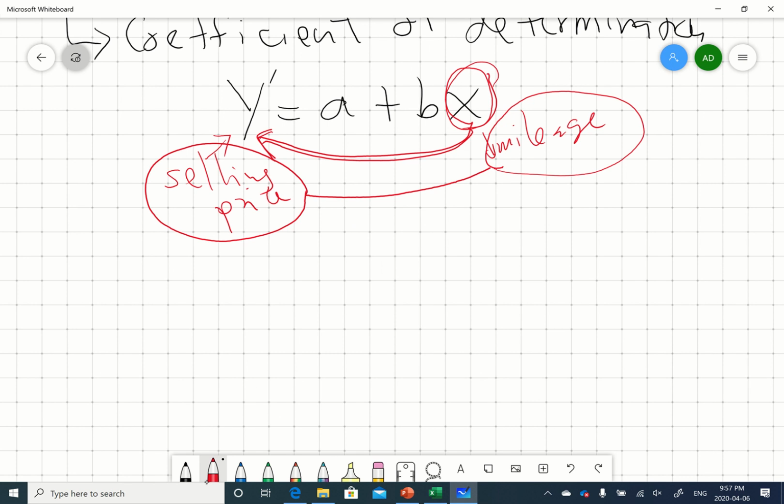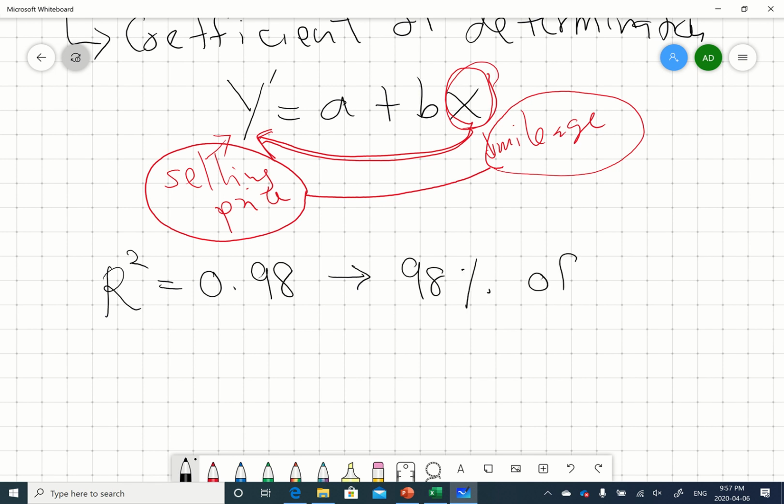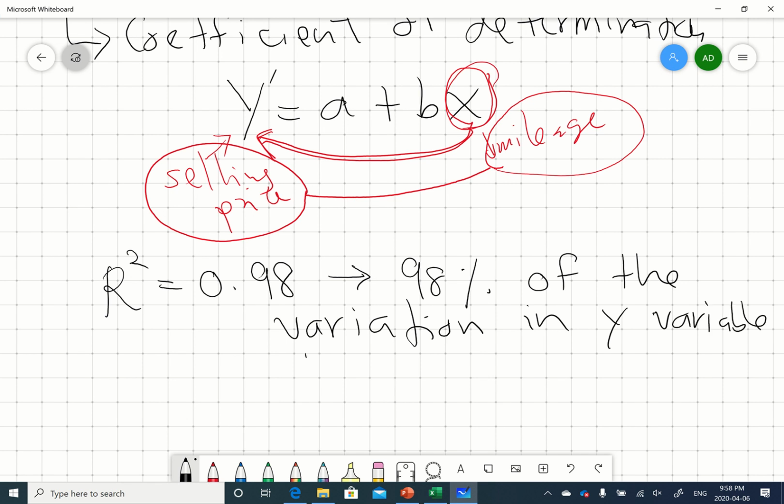If I give you some examples, if I have r square equals, let's say, 0.98, that means 98% of the variation in y variable is due to x variable.